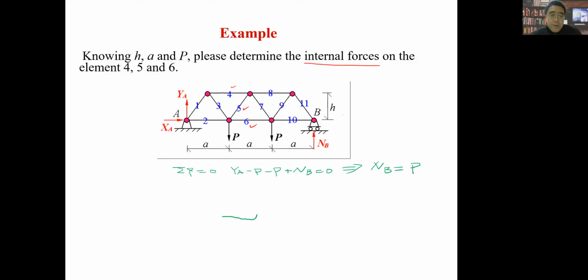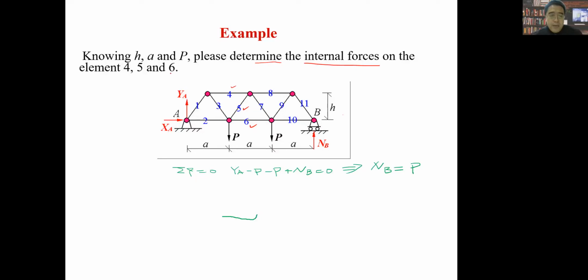Actually, if you look at this example thoroughly, you can find this time it only needs us to determine the internal forces of some of the members. Please determine the internal forces on elements 4, 5, 6. So in other words, members 1, 2, 3, 8, 9, 10, 11, their internal forces we are not interested in. We only focus on 4, 5, 6.